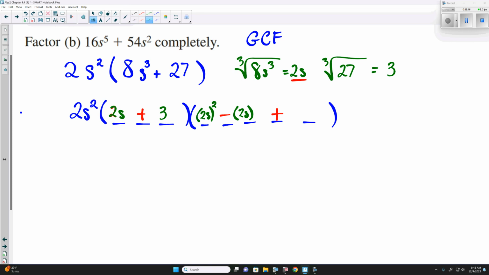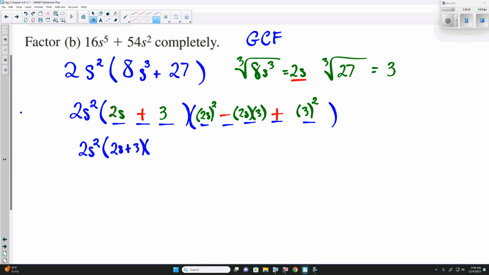In the other spot, we would have 3. In our squared term, we'd have 3 to the 0. We don't have to write that. In the middle, it'd be 3 to the first. And the last one, we would have 3 squared. So this here reduces to 2s squared times 2s plus 3.